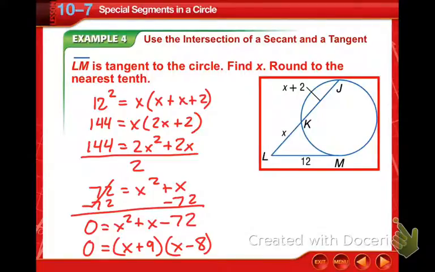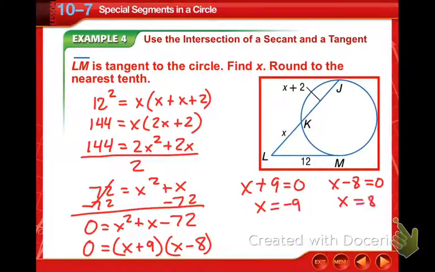Now, to solve for x, we have to set each factor equal to 0. So x minus 8 and x plus 9 equal to 0. x plus 9 is going to get us a negative 9. And x minus 8 is going to give us an 8. We can't have a negative here because x is a length, so that's out.